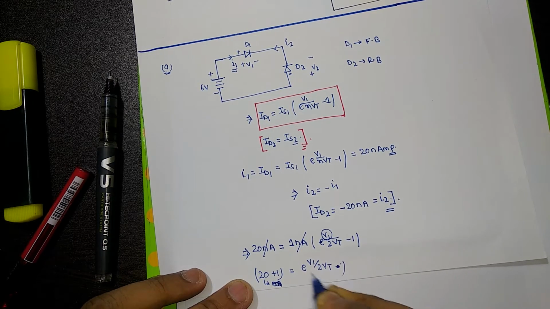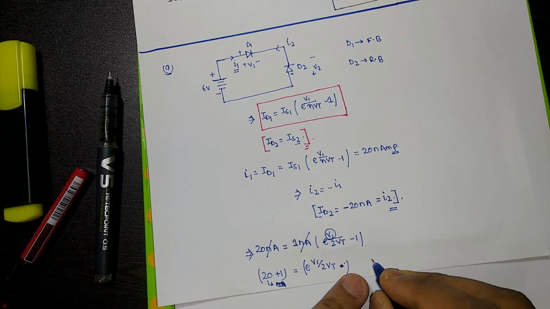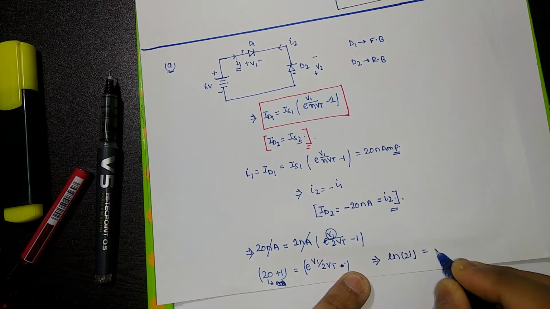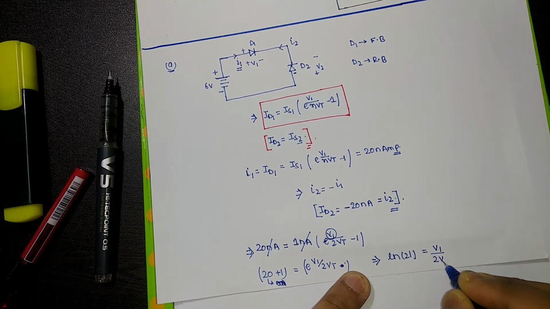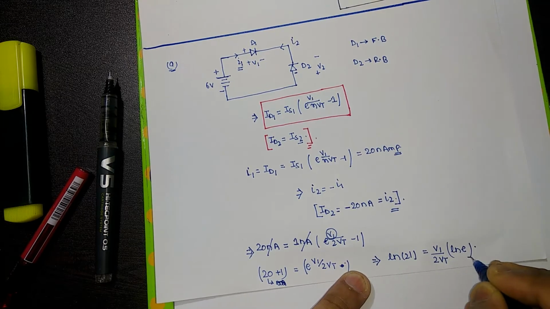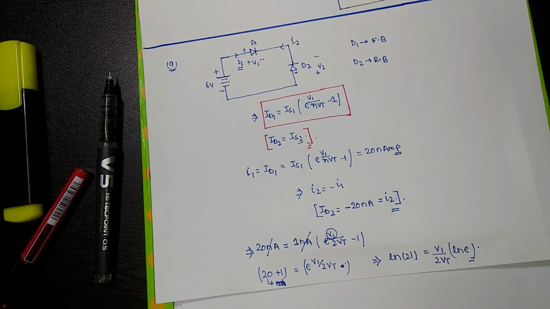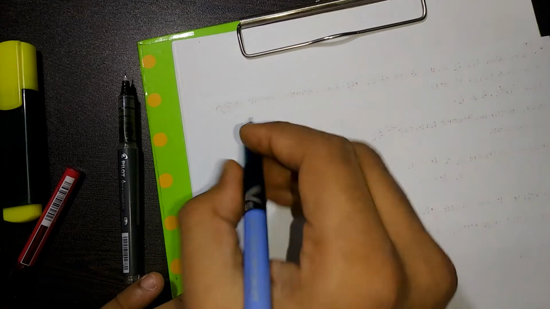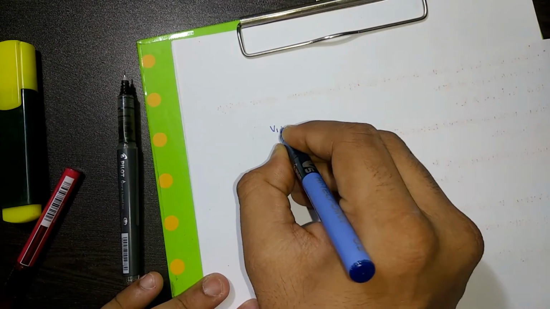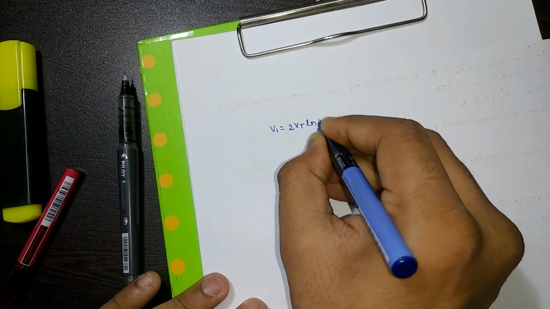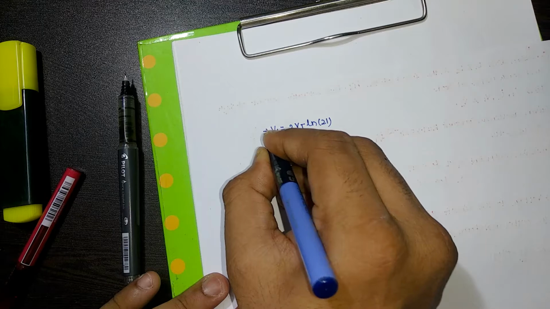Taking ln on both sides, ln 21 is equal to V1 by 2 Vt times ln e, and the base of ln e is 1. On further solving, you will get V1 equals 2 Vt ln 21. This equation you will get.